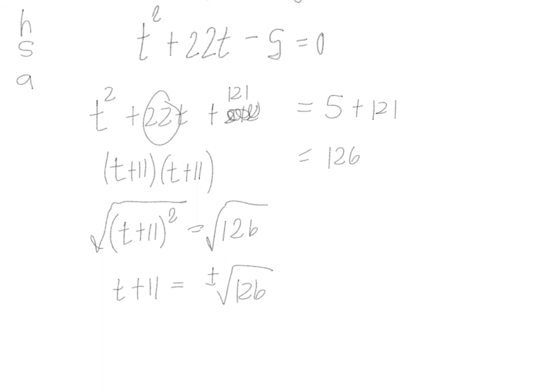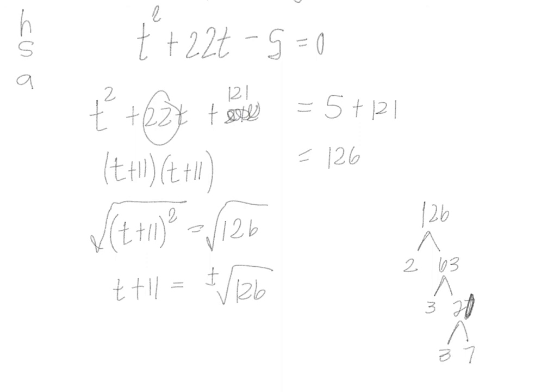So we're kind of where we were at with the quadratic formula, in that I need to simplify the radical of 126 if it does. There is no square root of 126. 126 is 2 times 63. 63 isn't prime. 63 is 3 times 21. 21 isn't prime. 21 is 3 times 7.